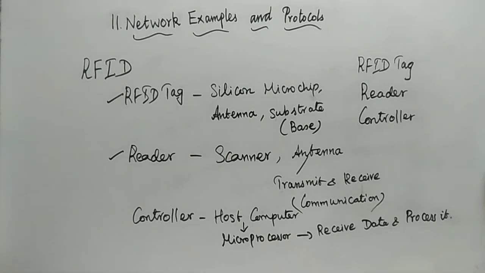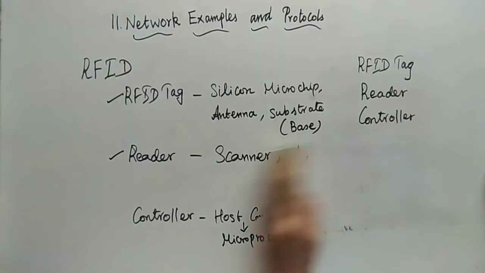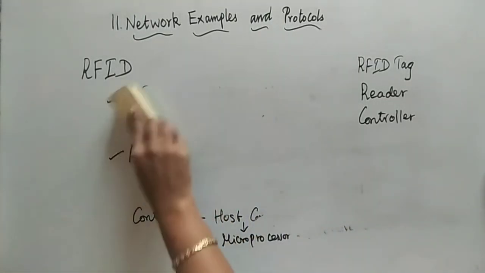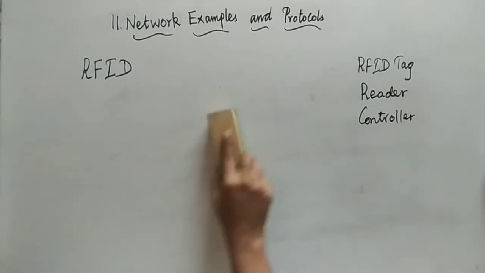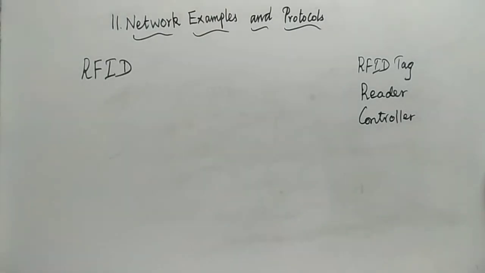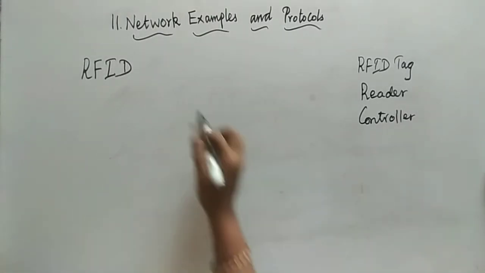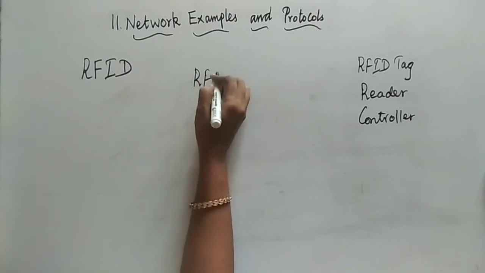Next, we can see what the two types of RFID system are. Earlier we discussed the two types of RFID tag. The next one we are going to see is the RFID system. What are the two types of RFID systems?